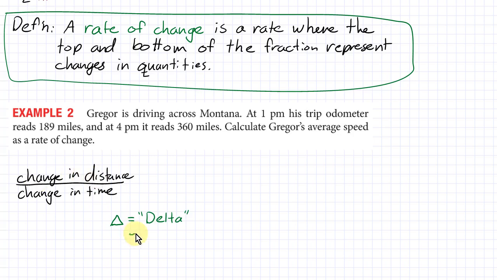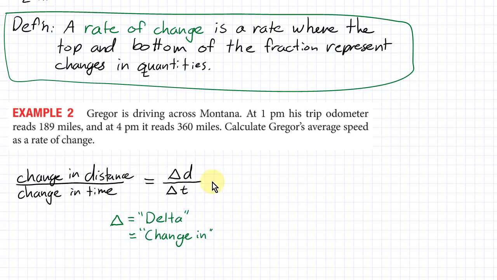So whenever you see this, read it as the change in, how much something changes. So with this example, you could write this as the change in D. I'm going to let D be distance here, divided by the change in t, where t stands for time in this case.